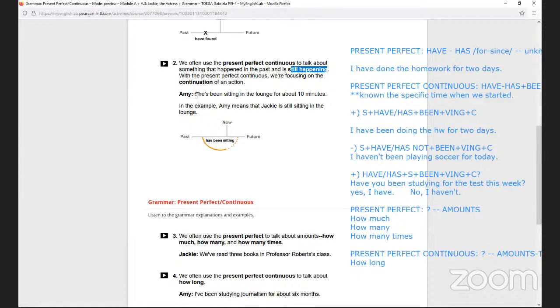For example, she's been sitting in the lounge for about 10 minutes. So it means that she started being here. Maybe, for example, right now it's 7:21. So she started sitting here at 7:11, right? So until now it is 10 minutes and she's gonna continue waiting, okay?